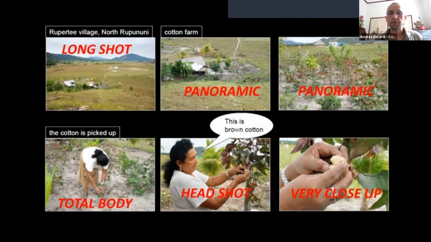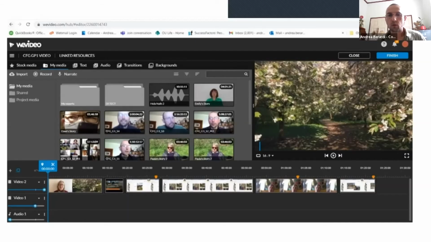Right? So for the videoing, this is in the second cohort, we have actually subscribed to an online video editing tool. So you don't actually have to download any video editing software on any machine.